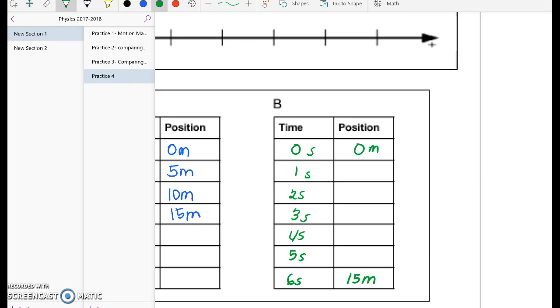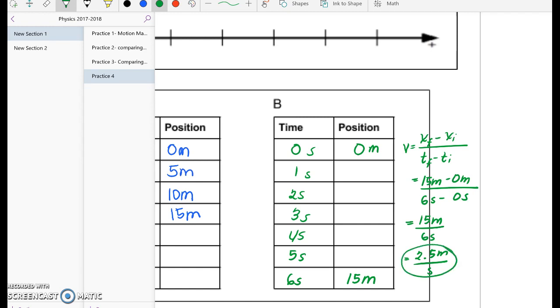It might help to first fill out our velocity. So our velocity is equal to our final position minus our initial position, over our final time minus our initial time. Which is going to be 15 meters minus 0 meters over 6 seconds minus 0 seconds. So essentially it's going to be 15 meters over 6 seconds, which is 2.5 meters per second.